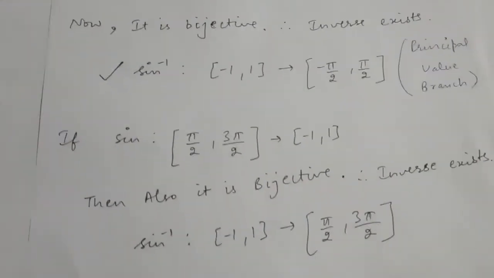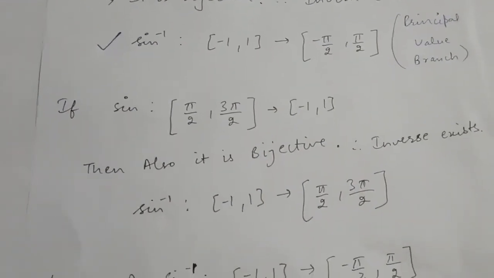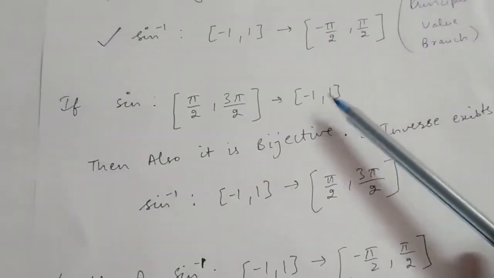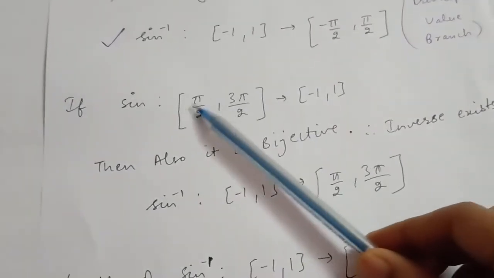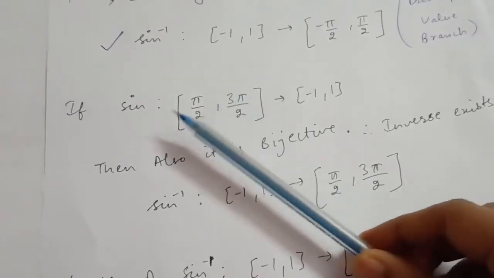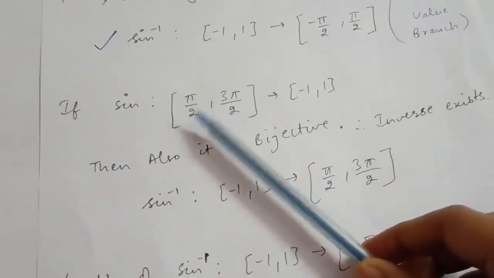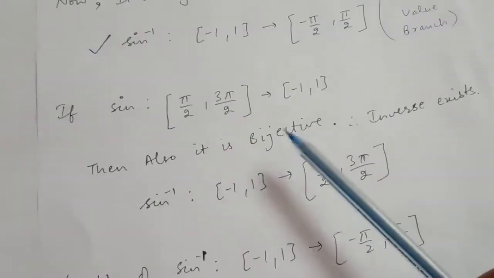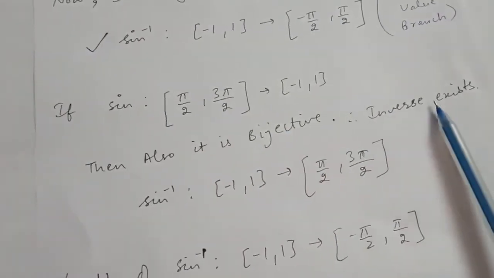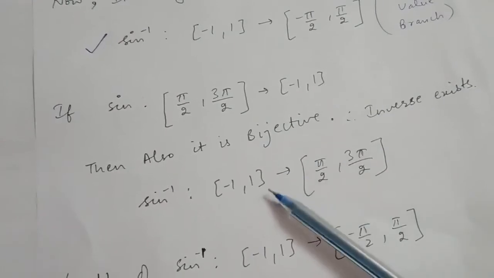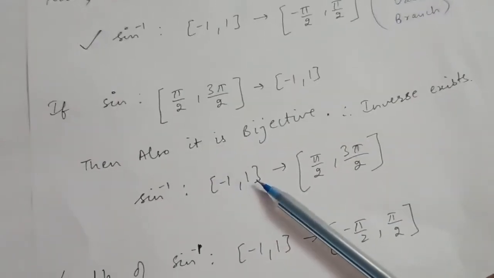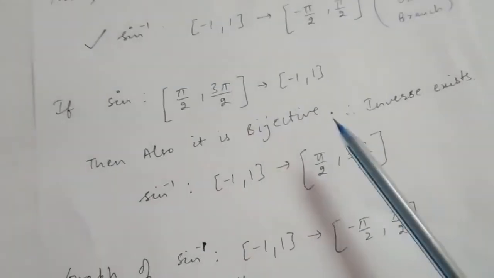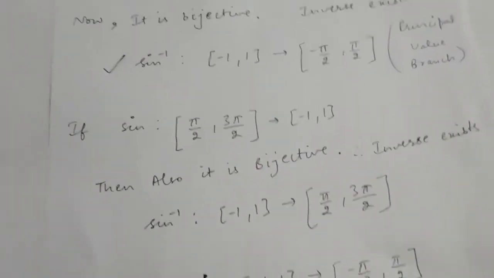So sine can also be taken from π/2 to 3π/2 to -1 to 1. That is, I am restricting the domain of the sine function from R to just this, right? Also it is bijective. Now in this case the inverse will exist, and it will be from -1 to 1 to the range π/2 to 3π/2, right?